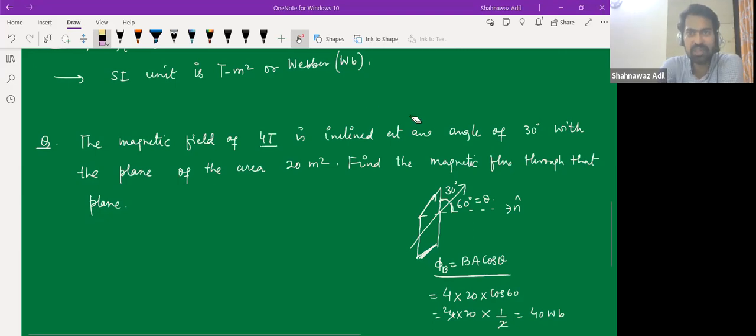It is on the second topic of chapter number 4, maybe the application of Biot-Savart's law, maybe magnetic field on a straight wire or semi-infinite wire. Okay, noted everyone.